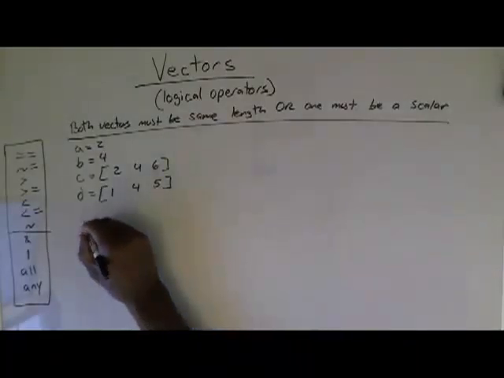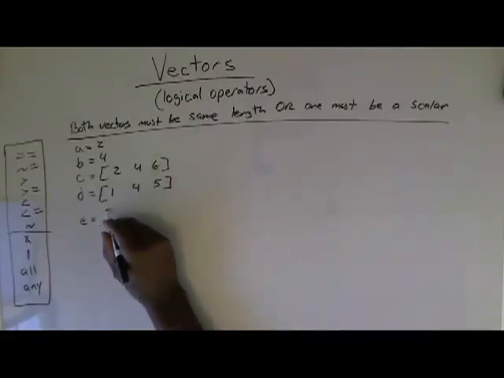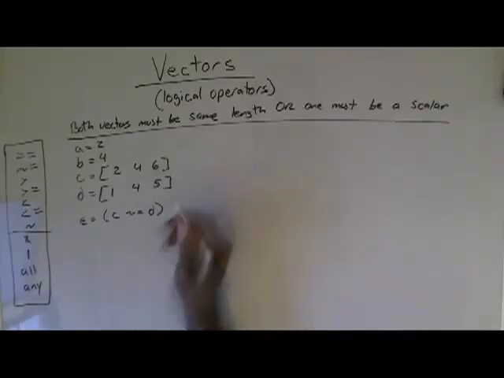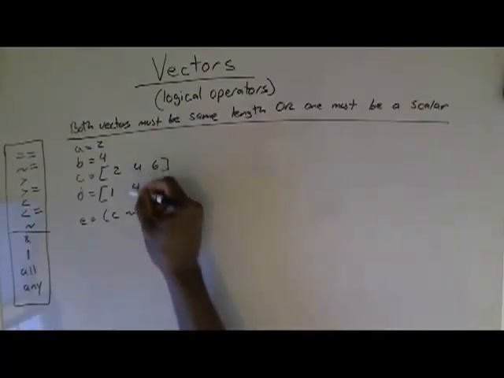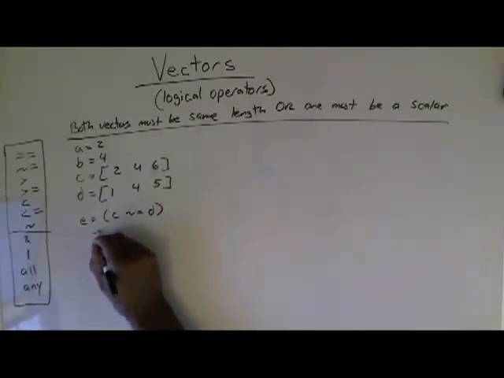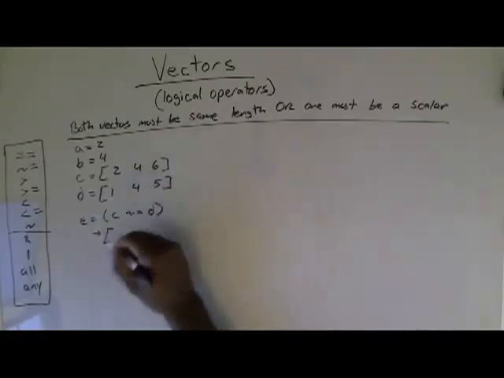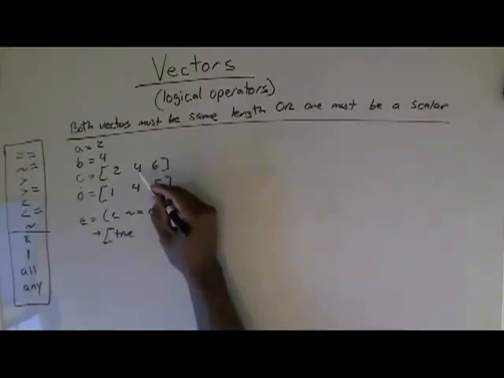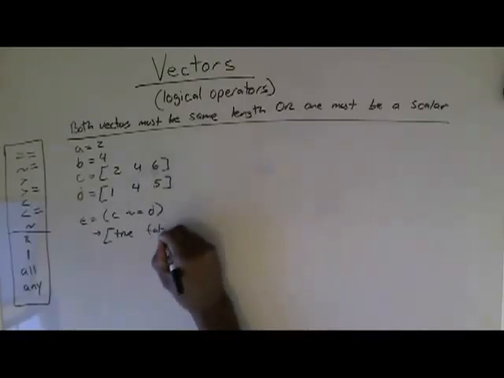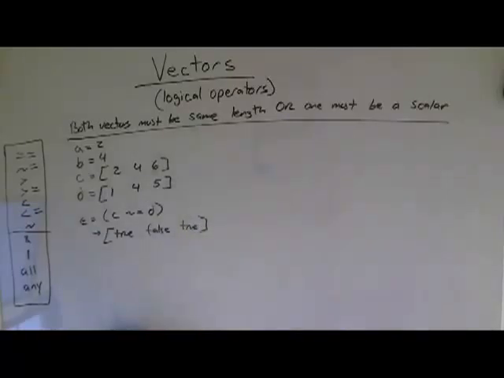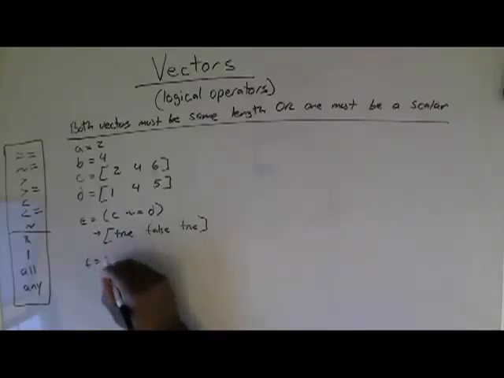So let's say if I now say E equals C not equal to D. Okay. Once again, they have to be the same length. This is a vector-to-vector operation, and that's going to do an element by element comparison. Is 2 not equal to 1? Well, that's true. Is 4 not equal to 4? Well, that's false. Is 6 not equal to 5? Well, that's true.